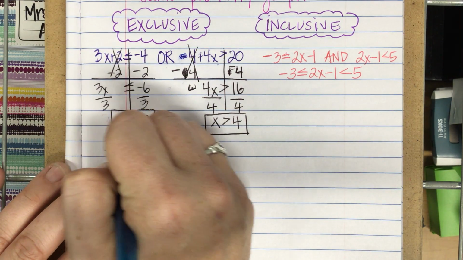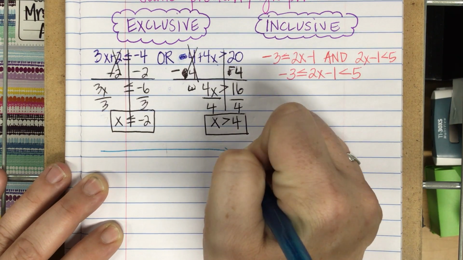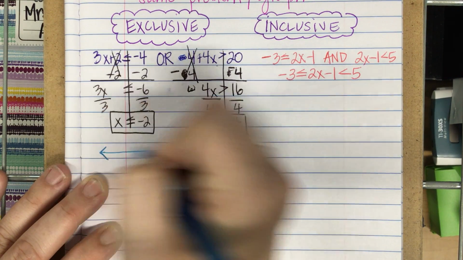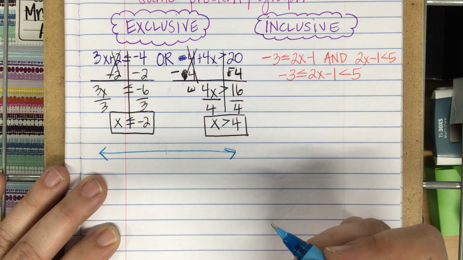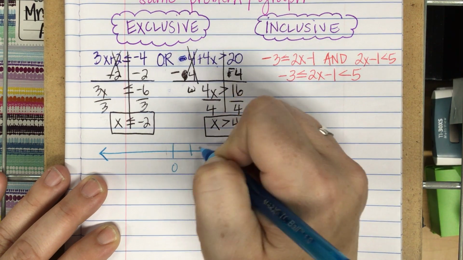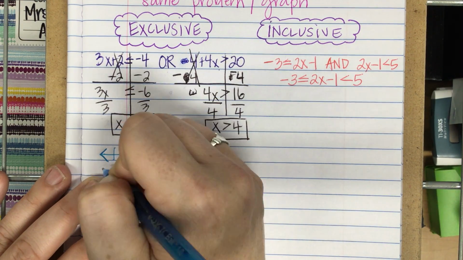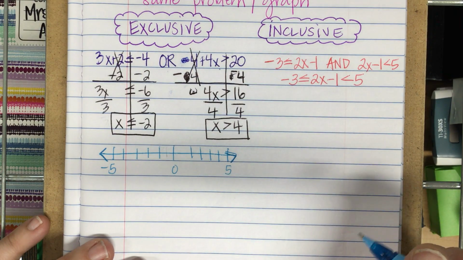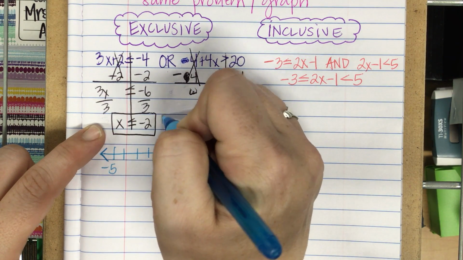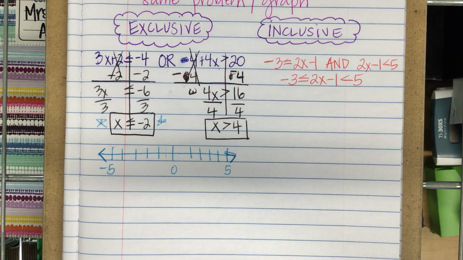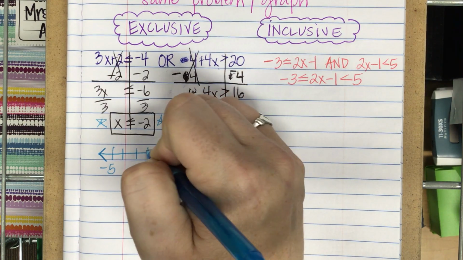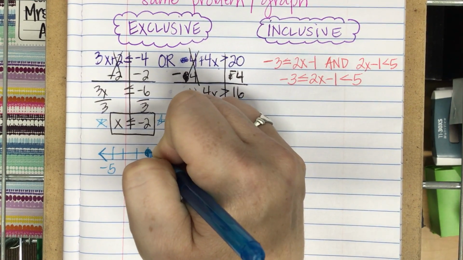So let's do the first inequality we found. 0, 1, 2, 3, 4, 5, and -1, -2, -3, -4, -5. There's my first number line. And I'm going to graph this guy first. X is less than or equal to -2. Open or closed dot? Closed at -2. Because it could be equal to -2.